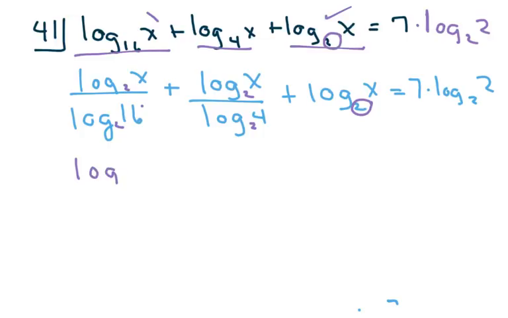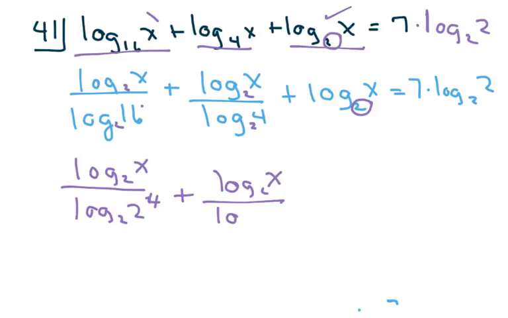So we have log base 2 of x over log base 2 of 2 to the 4th, plus log base 2 of x over log base 2 of 2 squared, plus log base 2 of x equals 7 times log base 2 of 2.